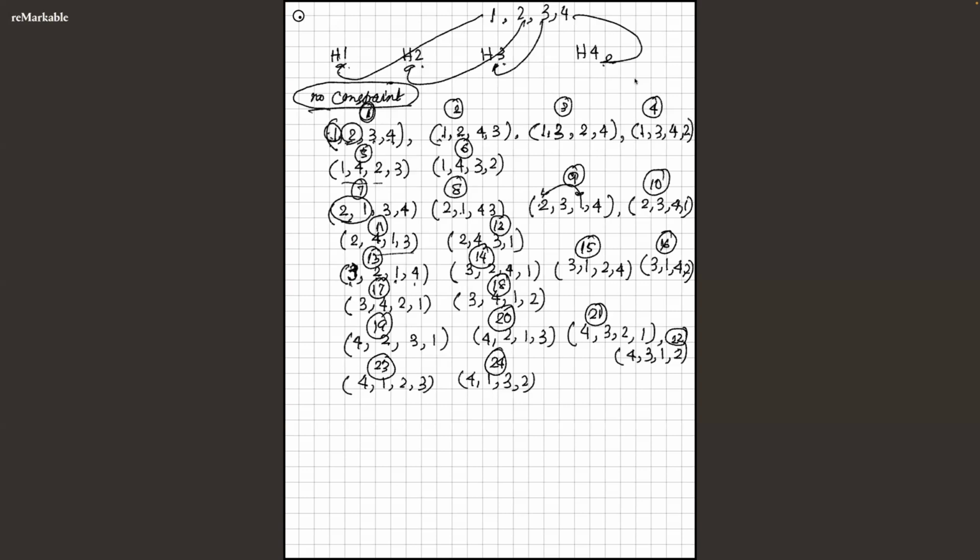Now, our original problem is the derangement problem. None of the houses should get the letter which they are addressed to. To tackle this problem, there are 24 ways, which is nothing but 4 factorial, or 24, in which we can arrange among themselves.